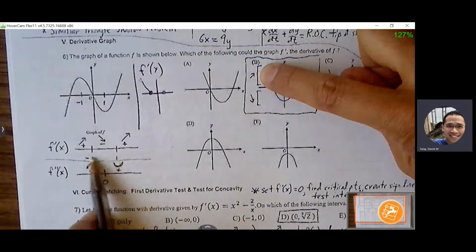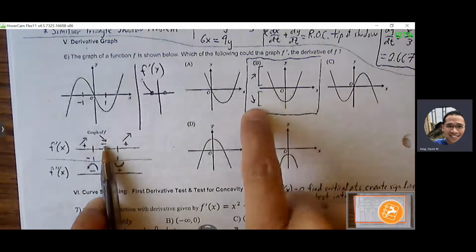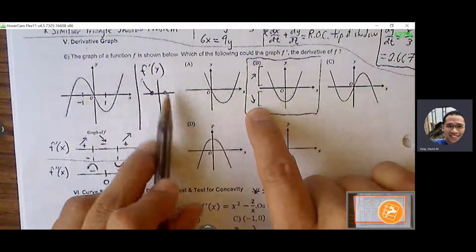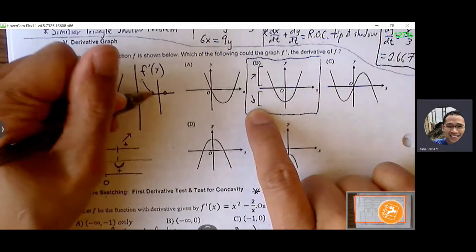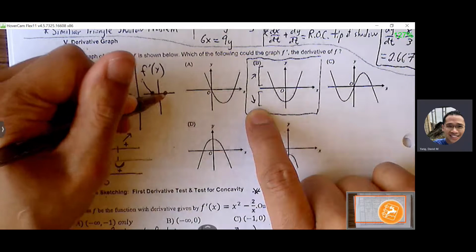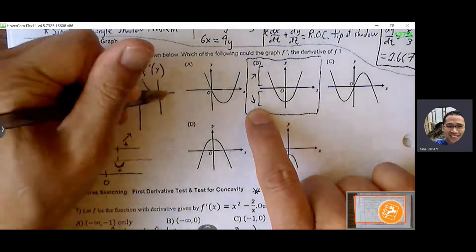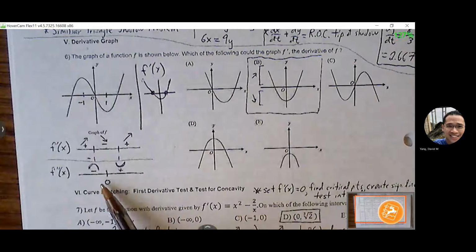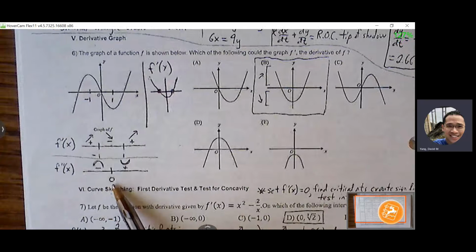Between -1 and 1, my slope is going to be negative. Negative means it lives in the negative region. It doesn't mean that my graph is going to display negative slope, but it just shows negative values. So it's going to be below, come back up again, and then to the right of 1, positive slope, above the x-axis.